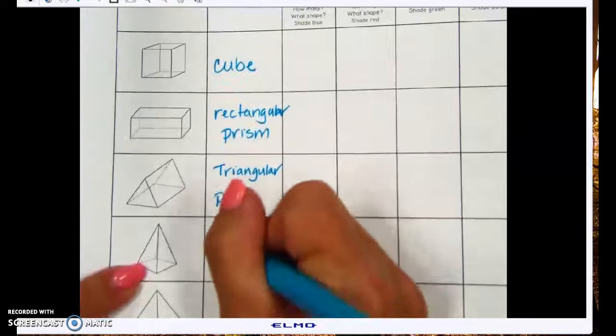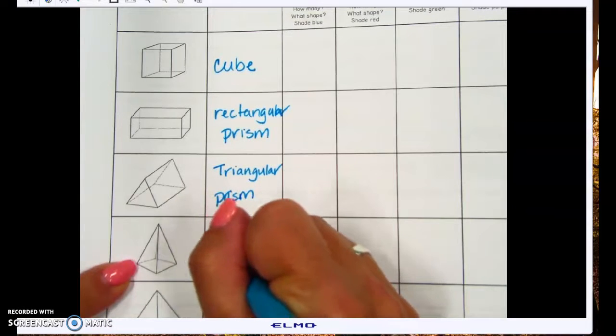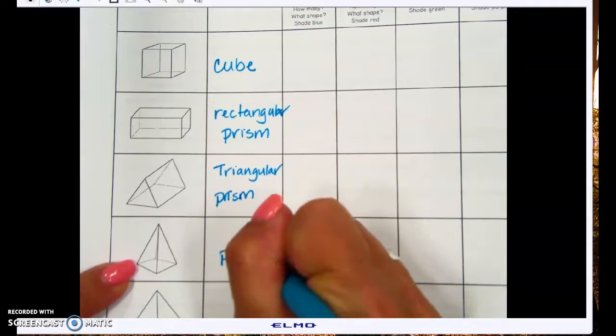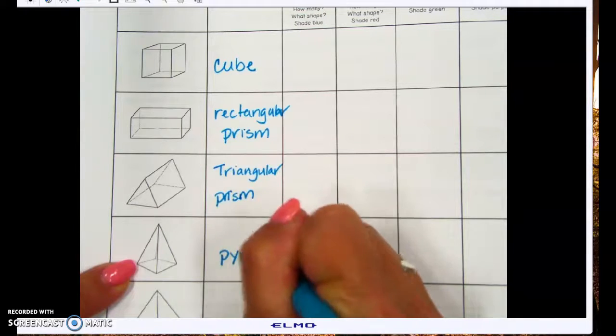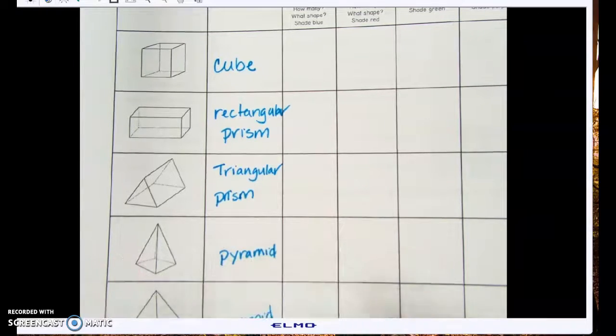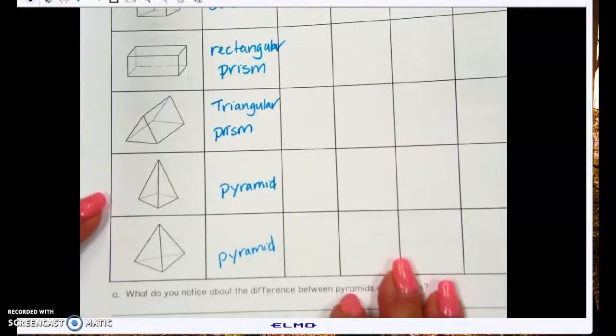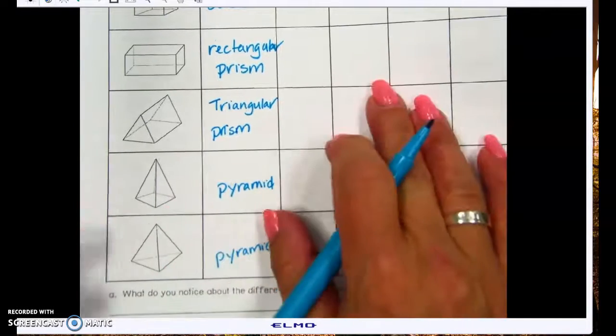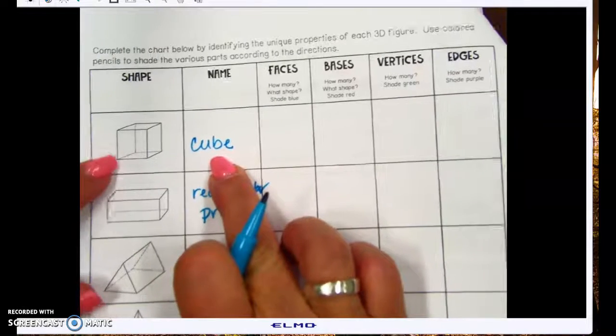This one is a pyramid. What type of pyramid? This one is a pyramid as well. We're going to come back to these two to figure out what type of pyramids they are. But let's start here with my cube.